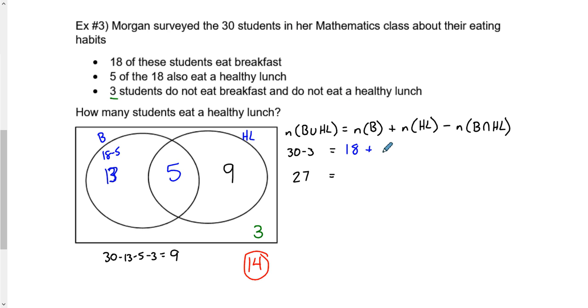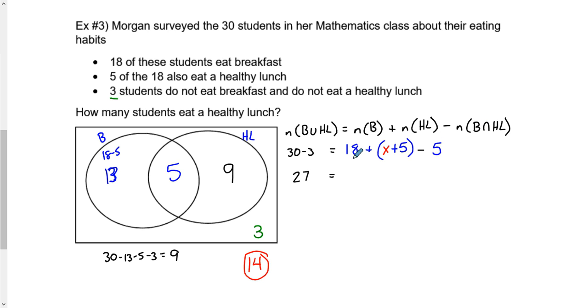So if we had whatever x plus 5, that will give us just that healthy lunch. And then by subtracting, how many eat breakfast and a healthy lunch? Well, that's talking about 5. 5 eat healthy lunch and breakfast.